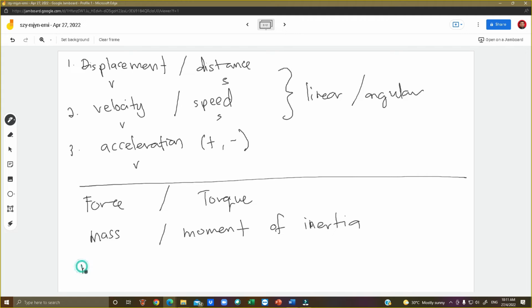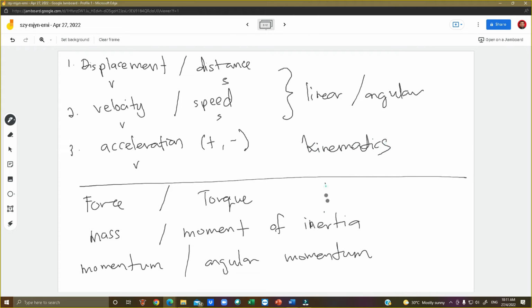And then we have momentum. Partner dia angular momentum. Okay, this one is kinematic, this one is kinetic. So these are some of the things that we are going to discuss starting from this week. Okay, because you need to know kinematics and kinetics, and you need to be able to show all of these things in your final project later on.